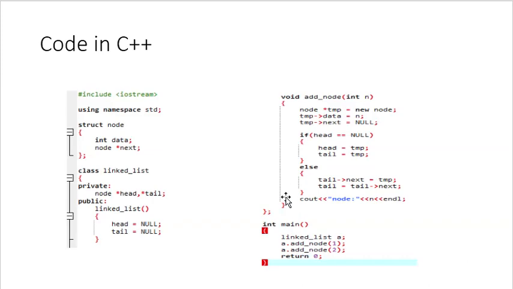I have just changed the code like this, adding a cout of the node, so it will give us the name of the nodes which we are creating. So here the node consists of the data and the next, and then the class linked list, in which we have assigned the head and tail a null value as there are no elements in the linked list. Then through this function we will assign new nodes to it. First we will check whether the linked list is empty or not.